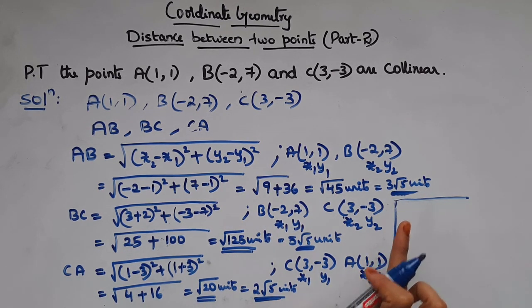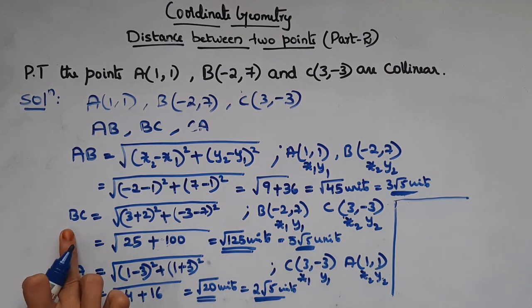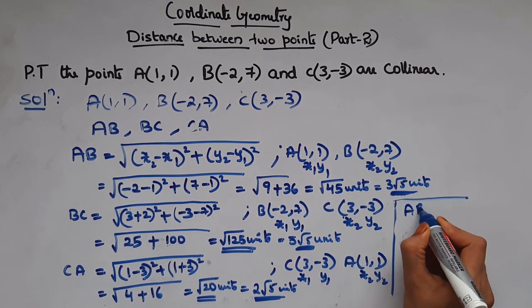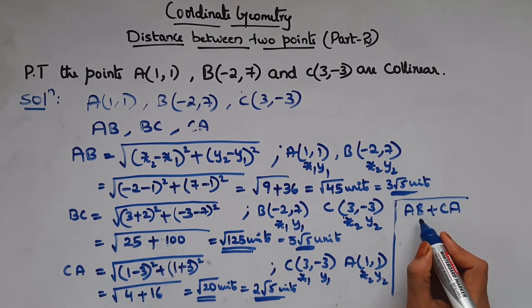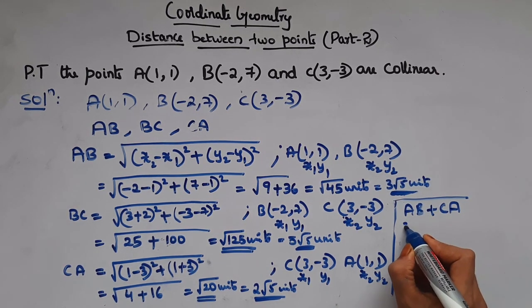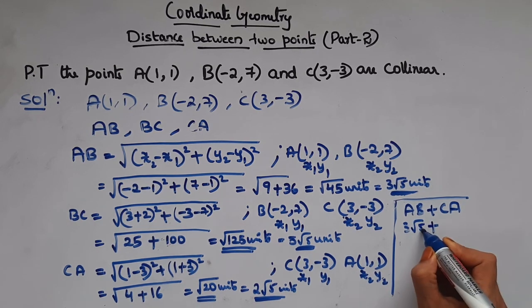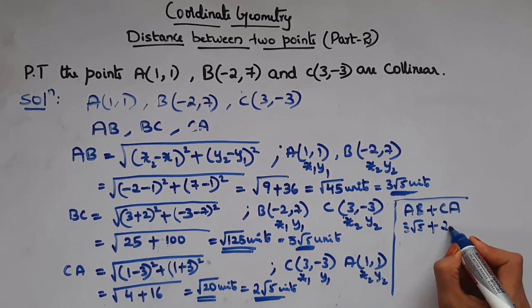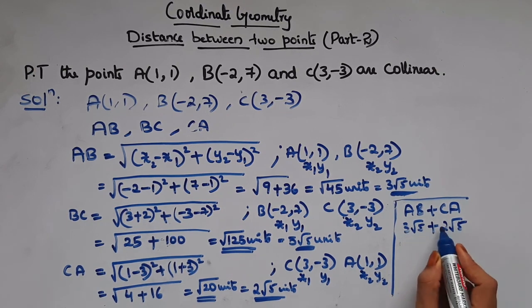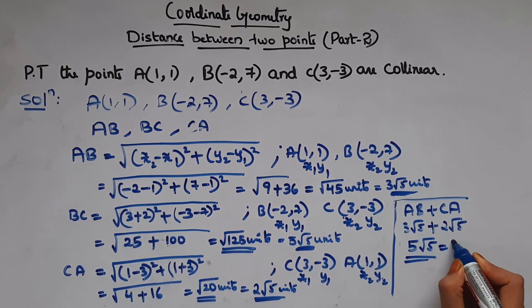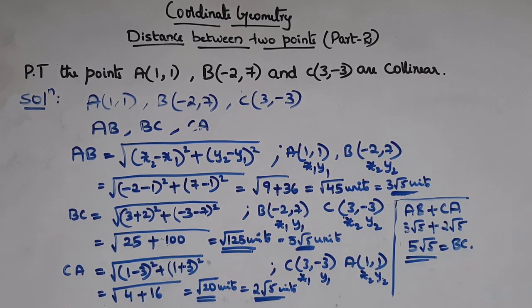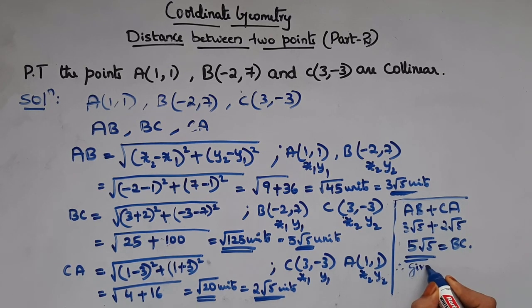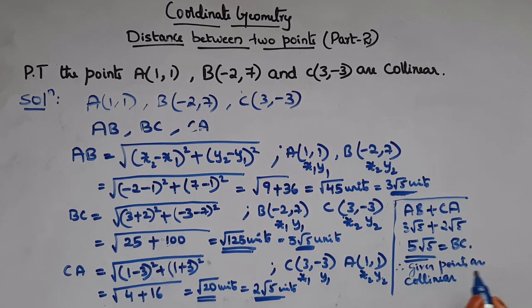When we add those two, we will get 5 root 5, which is nothing but BC, right? That is AB plus CA will give you, AB is 3 root 5 plus CA is 2 root 5. So when we add this, 3 plus 2 is 5. So 5 root 5, which is nothing but your BC, right? So therefore, given points are collinear. That means they lie on the same straight line.